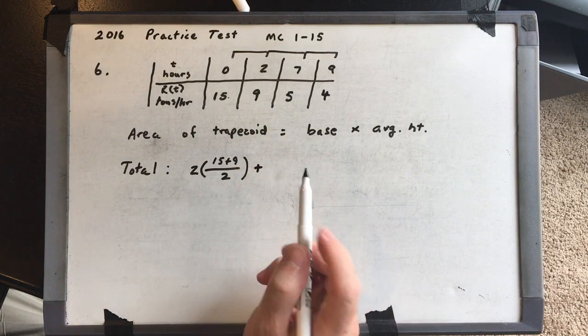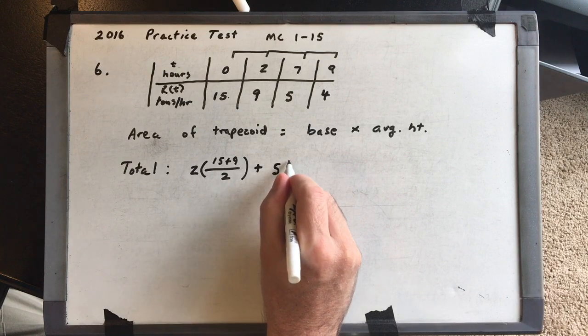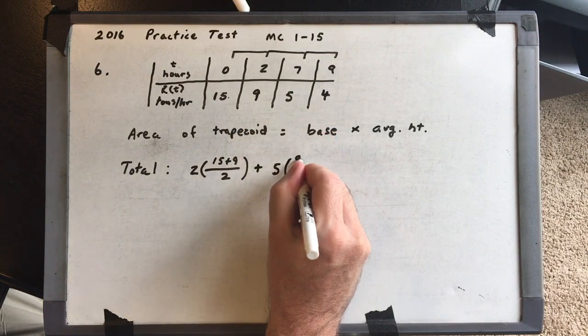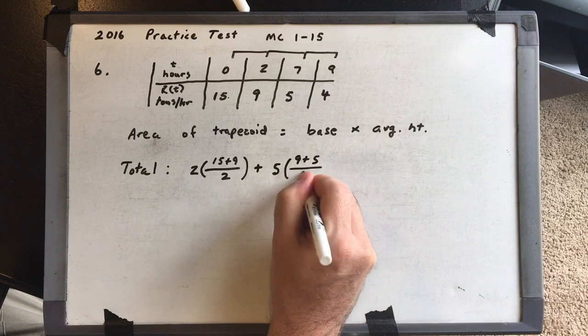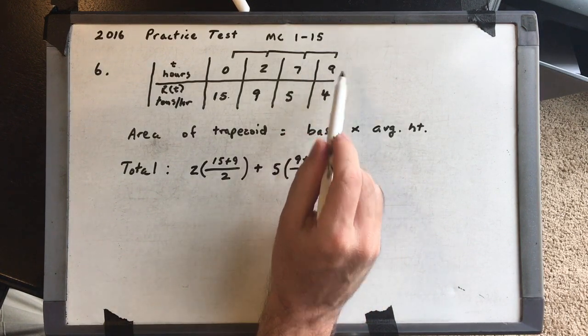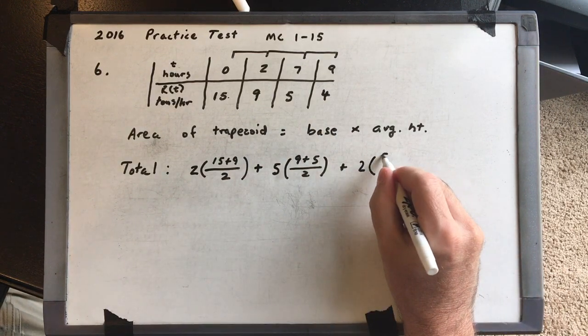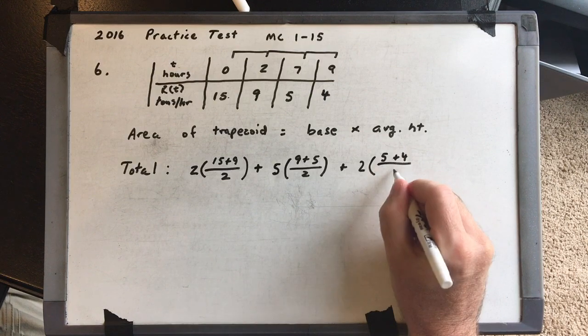What's the base of the second trapezoid? Well, 2 to 7, that's 5. And then the average height would be 9 plus 5 over 2. The base of the third trapezoid is 2, 7 to 9, and the average height would be 5 plus 4 over 2.